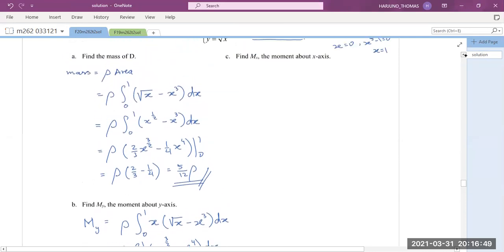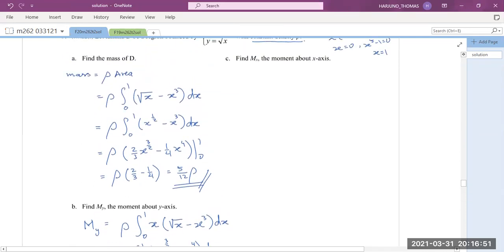Then part C, find the moment with respect to the x-axis. M sub x equals 1/2 rho integral 0 to 1 of the function being squared: square root of x squared minus x cubed squared dx.